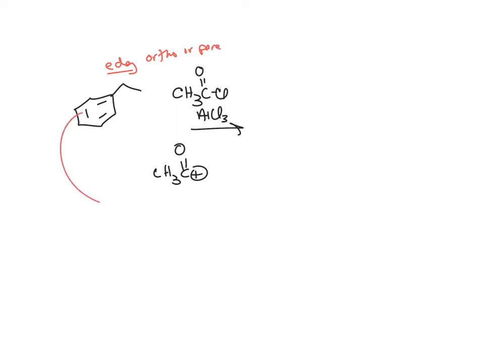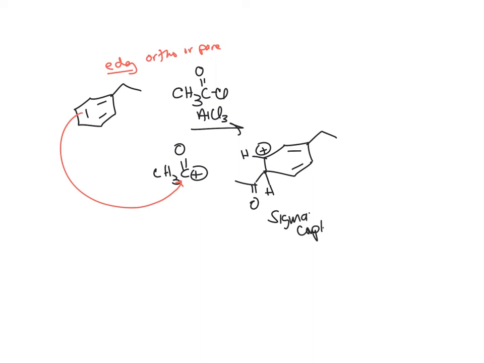This is probably going to go para more so just because it's sterically hindered. You can show your sigma complex. And so this is the para position. Okay, so there's my para position. So there's my sigma complex, and you could write that out.